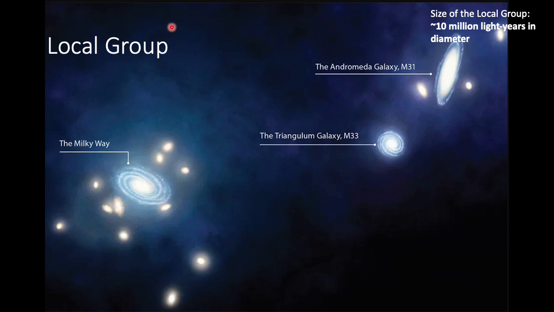The Milky Way is continuing to eat these smaller galaxies, for example, the Large Magellanic and the Small Magellanic Cloud satellites, which are visible in the southern hemisphere, not in the north, unfortunately. And this cannibalizing of smaller galaxies causes the Milky Way and even Andromeda with its satellite galaxies to grow in size.